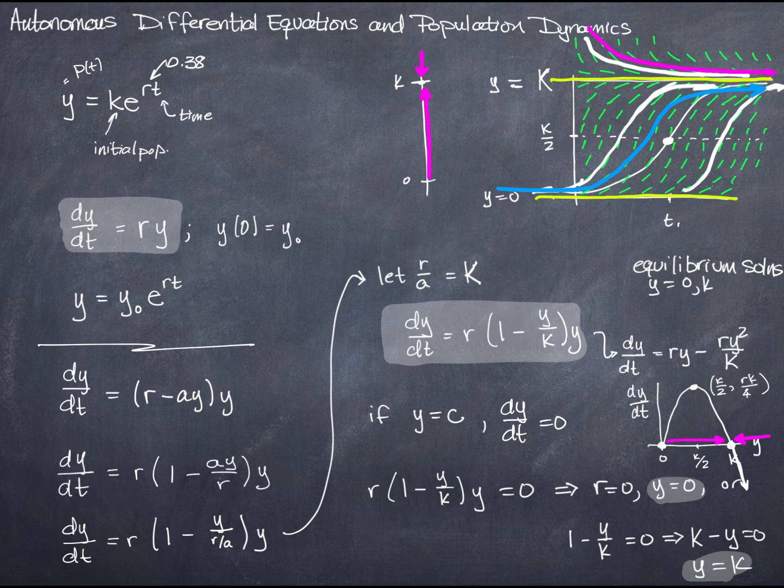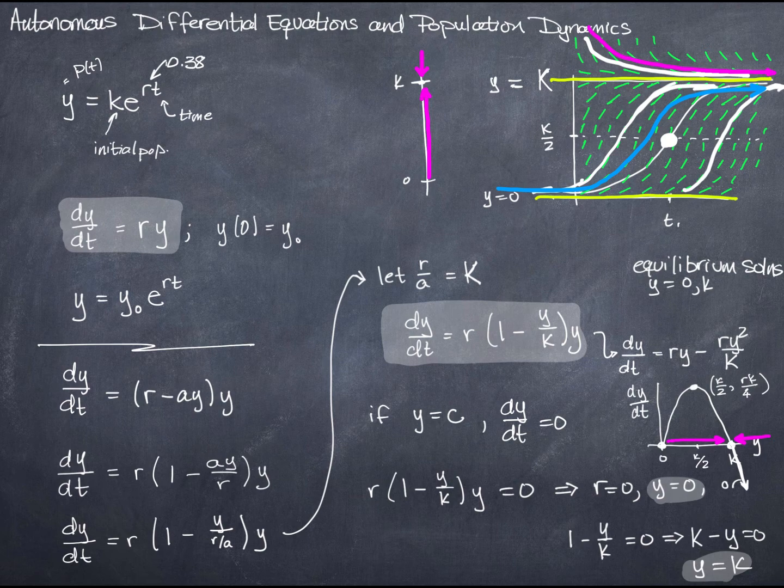Something else that's really kind of cool is, I'm running out of colors. I guess I'll stick with white for now. We can find this inflection point. We can determine the concavity of our solutions, because the concavity is determined by taking the second derivative of the function, right?